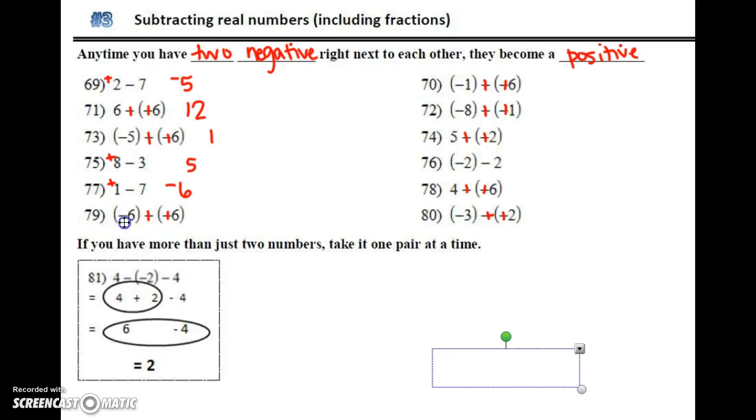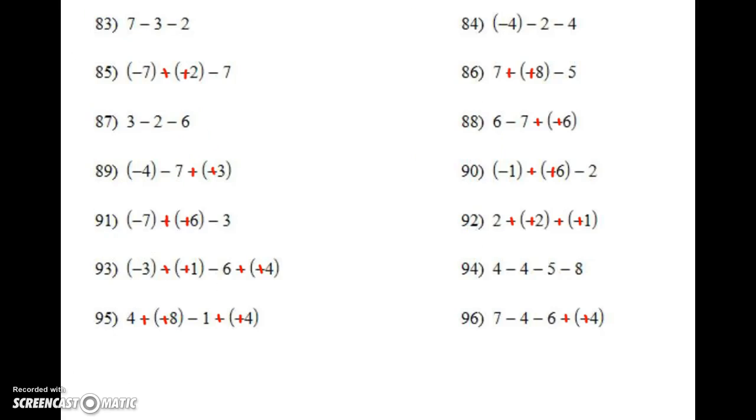One's positive and one's negative. So subtract them. 6 minus 6, oh, that's 0. And there's no sign for 0. All right, so go ahead and pause the video now and try this section 70 through 80 on your own. All right, so let's first check this section 83 through 96 and make sure that you've got all your negatives next to each other changed to positives. If you haven't, pause the video and fix those. And then we will get started with 83 once you're ready.